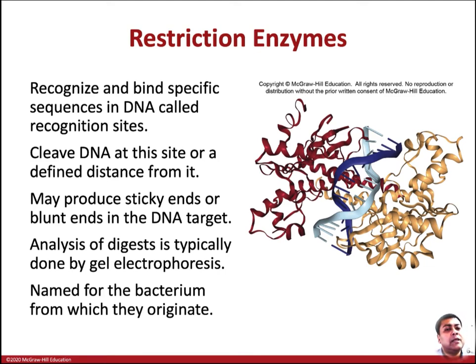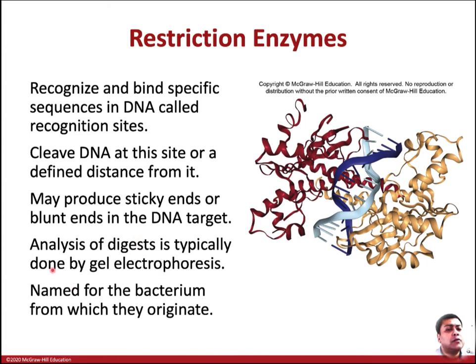When restriction enzymes find these sequences, they may cut them unevenly, which leads to what we call a sticky end. On the other hand, they can cut them blunt, with the two strands cut evenly, and we are going to talk about these as well. Once we digest the DNA, we analyze these DNA fragments that we are cutting and pasting.